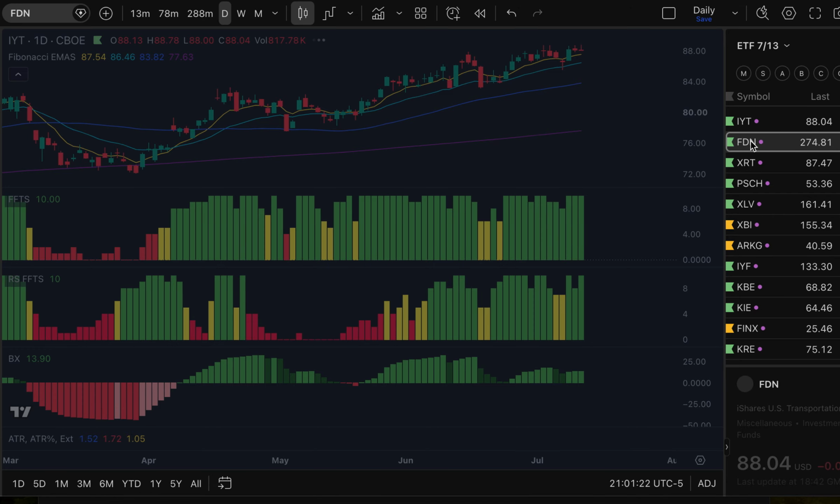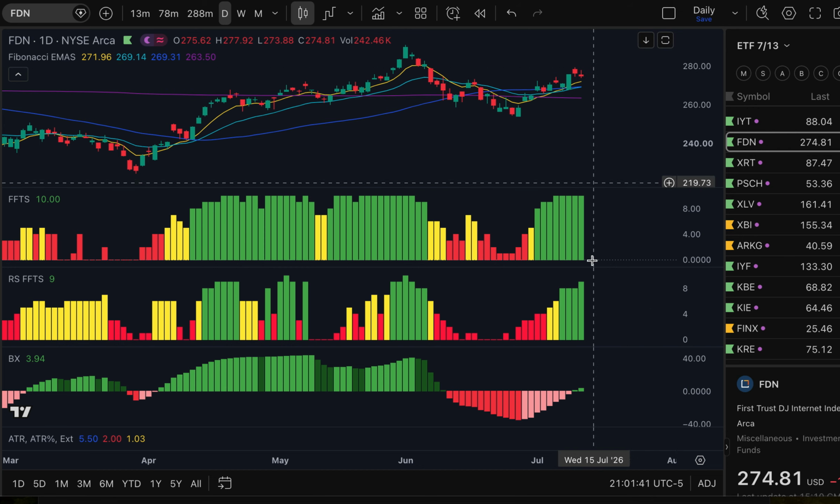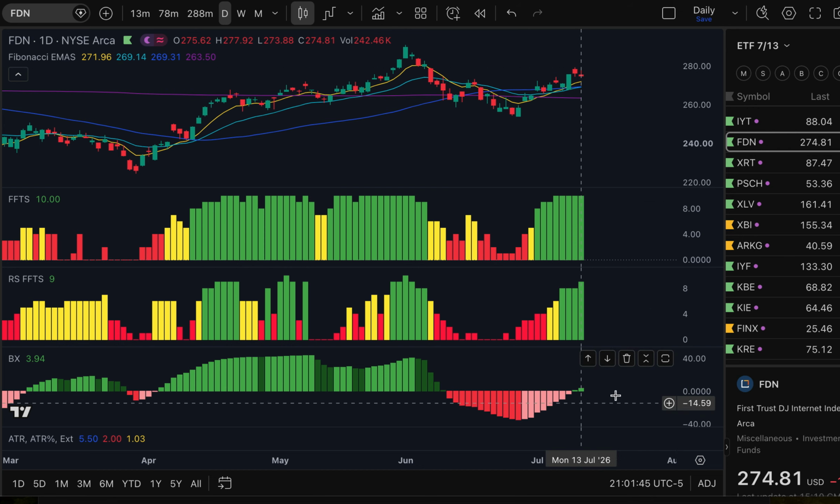This next one, FDN, it's called the First Trust Internet Index Fund. So these are like internet companies, and we can see the momentum has just turned positive on Friday.